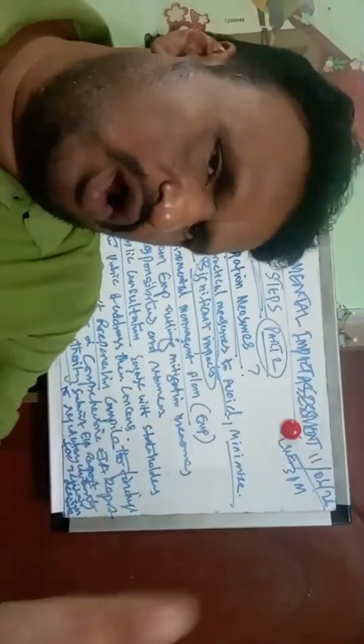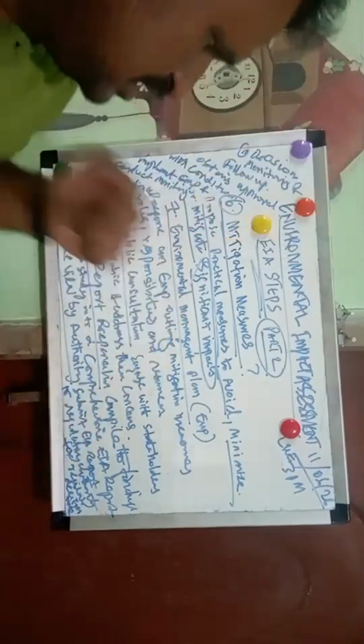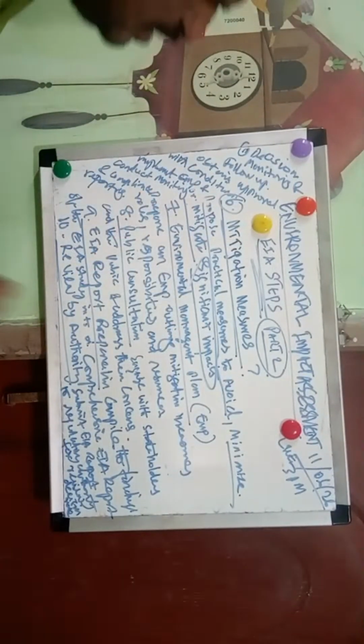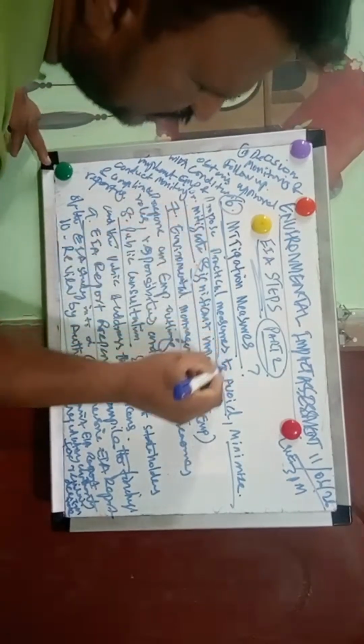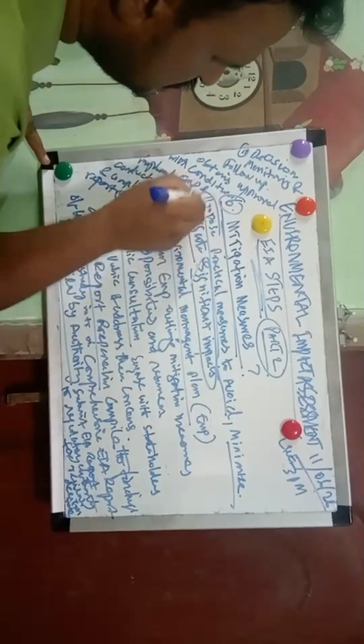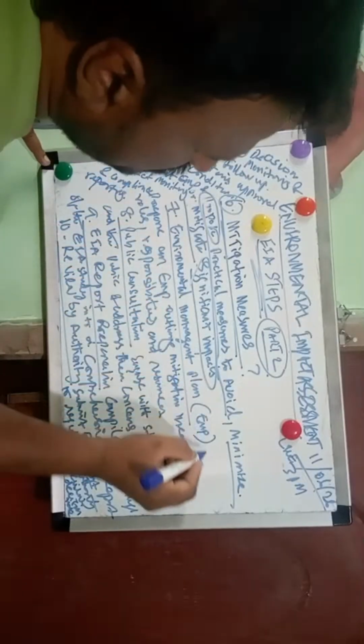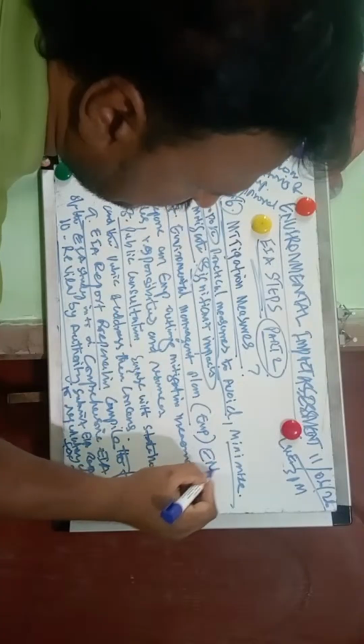So we have seen 1, 2, 3, 4, 5, now 6 also. Then the 7th one: after the mitigation proposal, you have to prepare the environmental management plan, that is EMP.